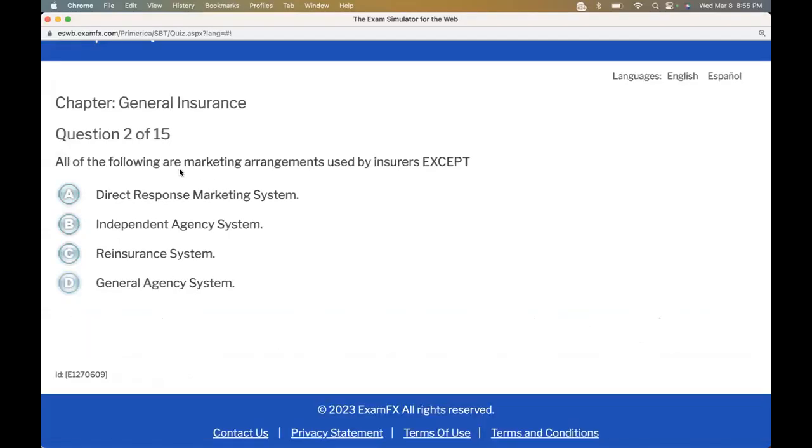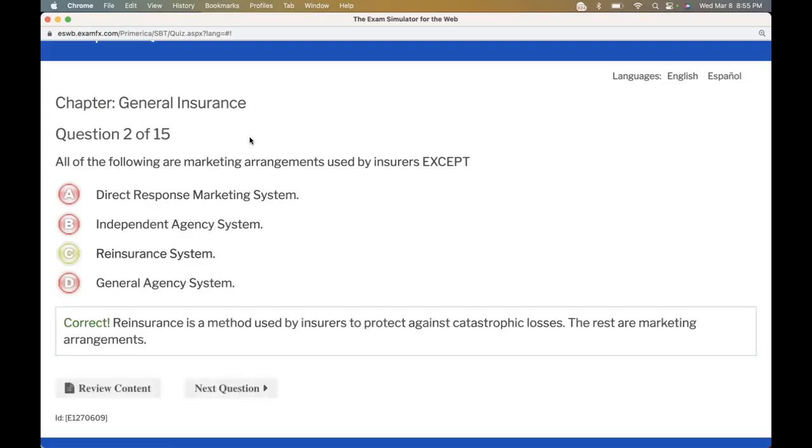Okay. All of the following are marketing arrangements used by insurers except what? What do you think? I think it's D. Look at the rationale.